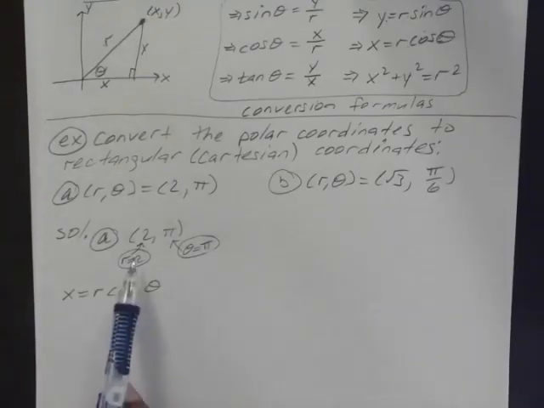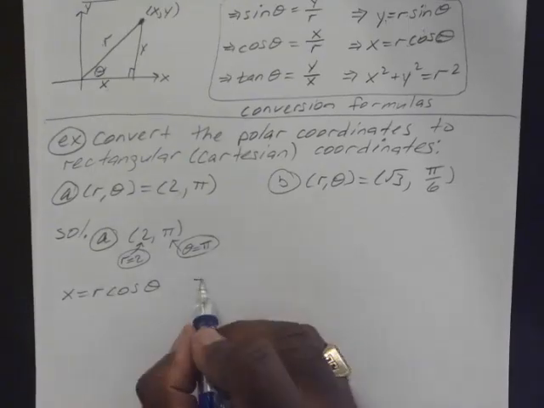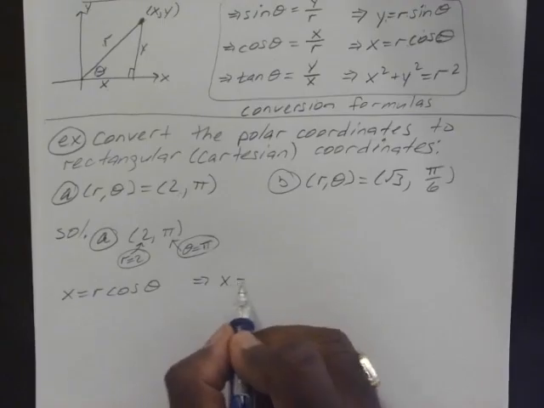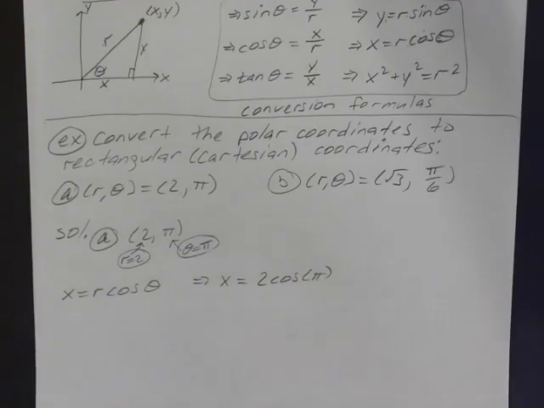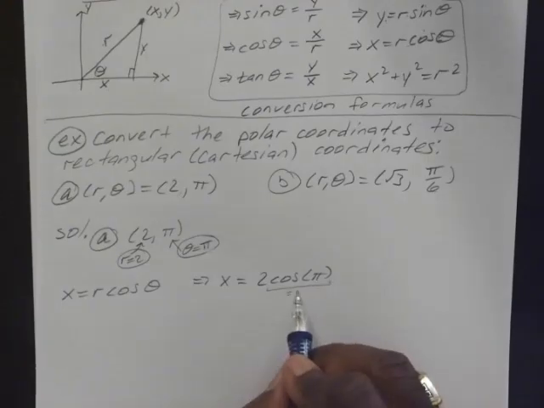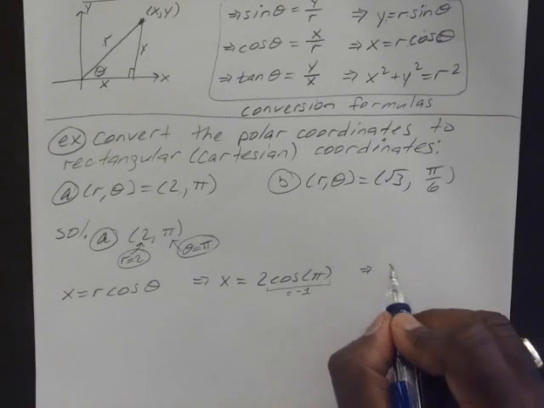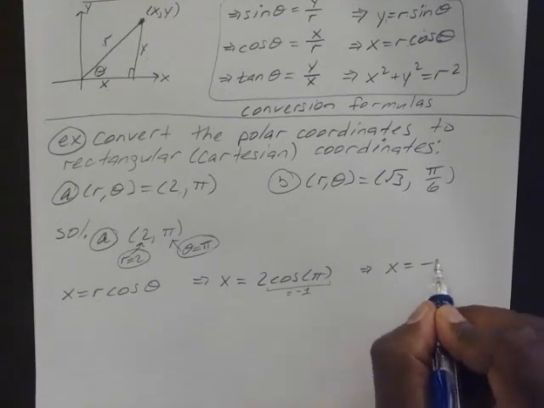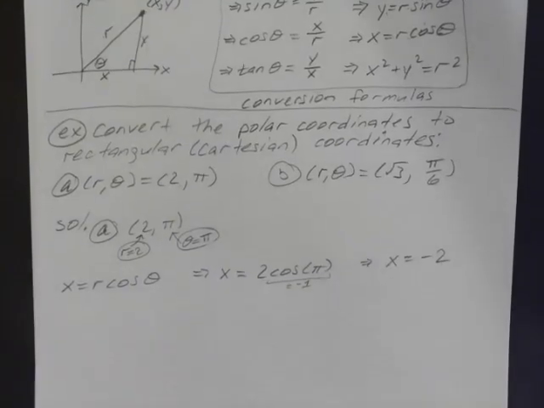So we just use radius and theta to solve for x, which means that x is equal to 2 times cosine of pi. We know that cosine of pi is -1. So we know that the x component is just 2 times -1, which is -2.